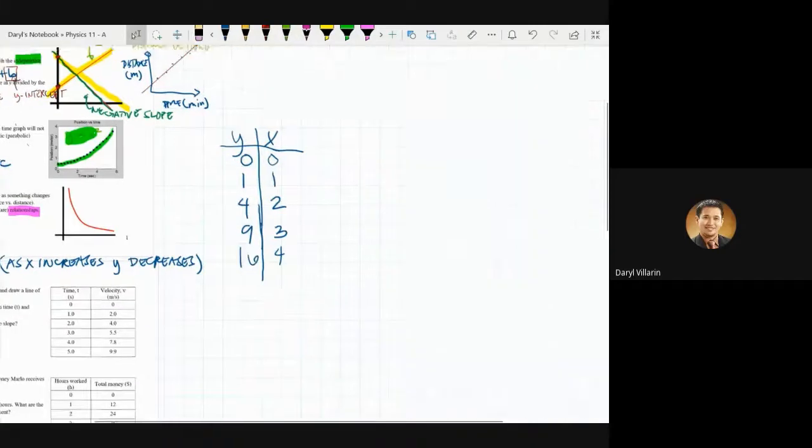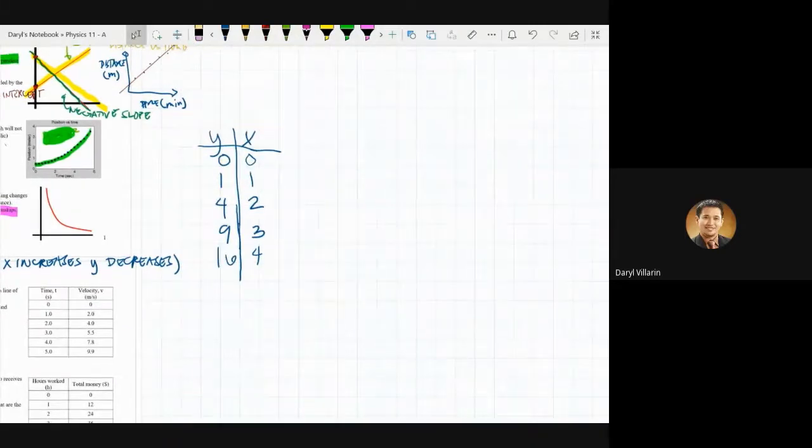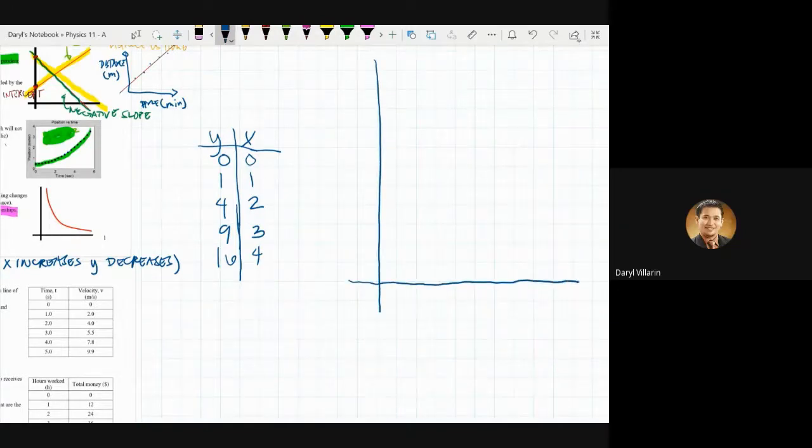So if I'm going to graph this data, see what would be the relationship of this data here. So 0, 0, again, this is my x, this is my y. So it could represent any quantity. So 0, 0 would be here. And for the scaling, for the value of x, I just have 4, so 1, 2, 3, 4.